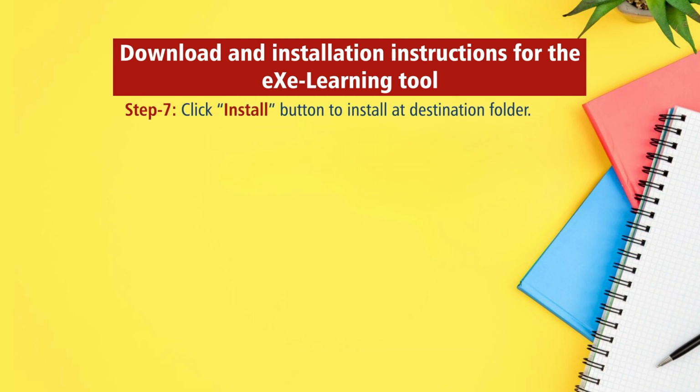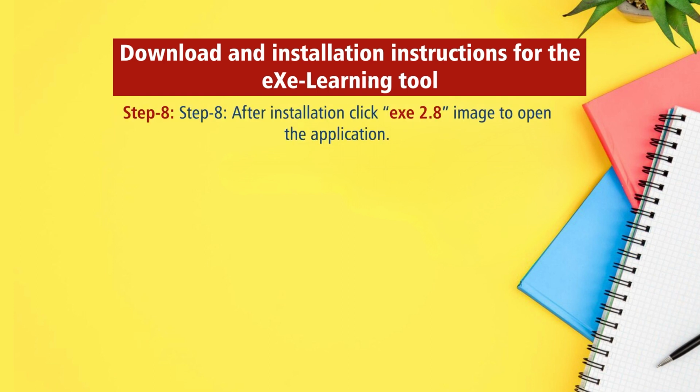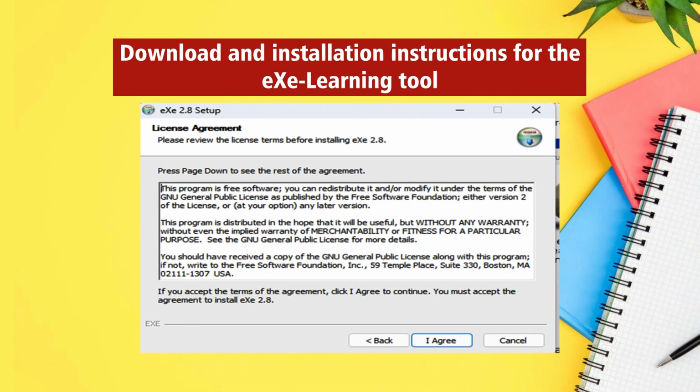Then you have to browse your location, whichever folder you want, like C: or D: or any other subfolder, and then click the install button. After clicking install, the installation is done successfully.